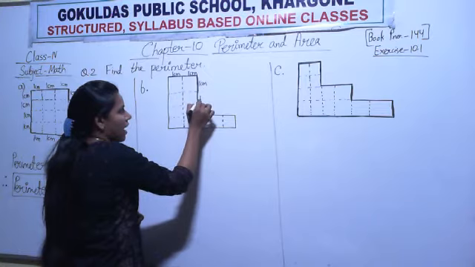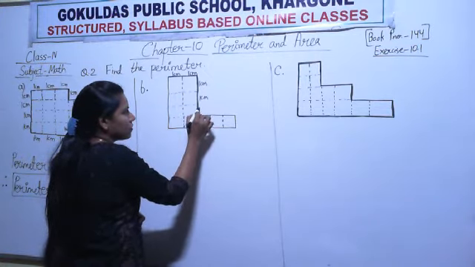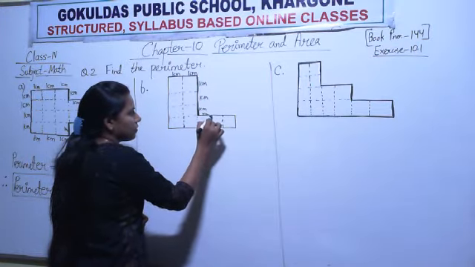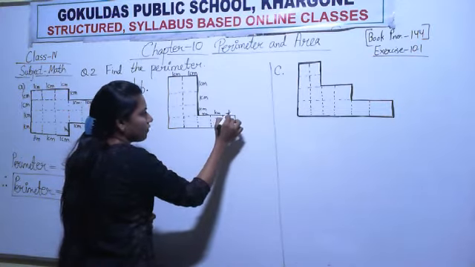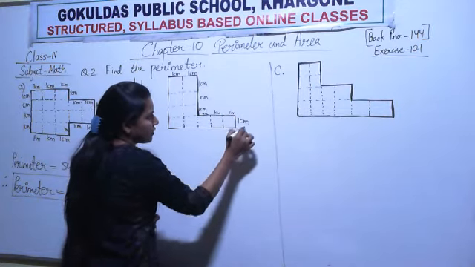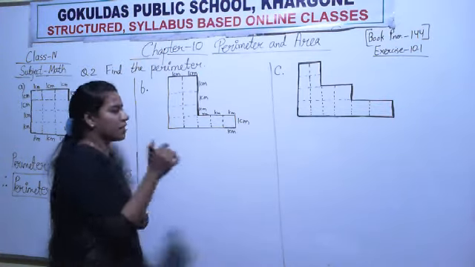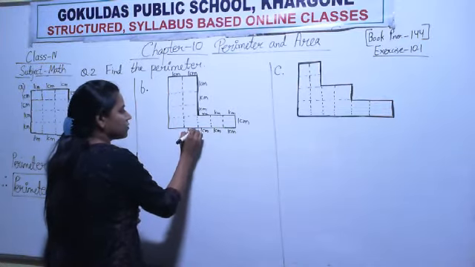This square has 1 centimeter, this square has 1 centimeter. Each small square has 1 centimeter length. Each side is 1 centimeter.